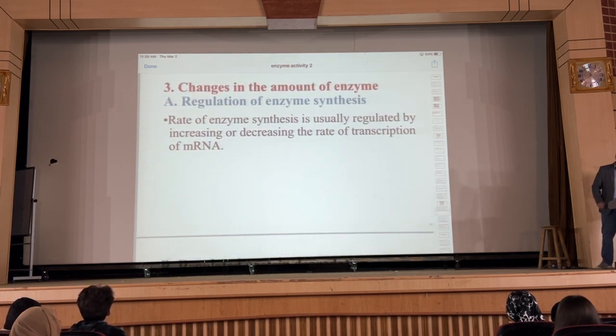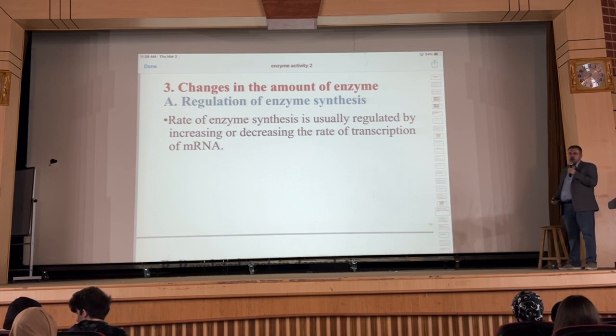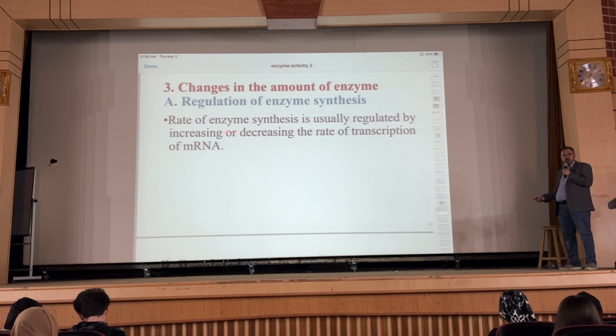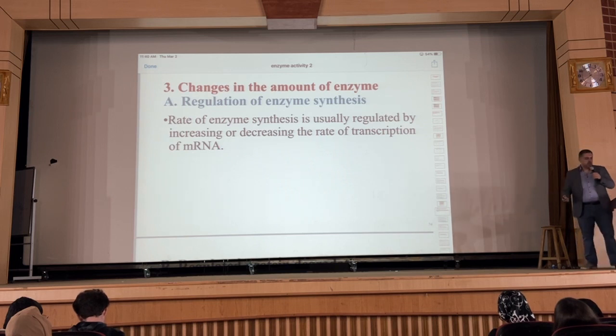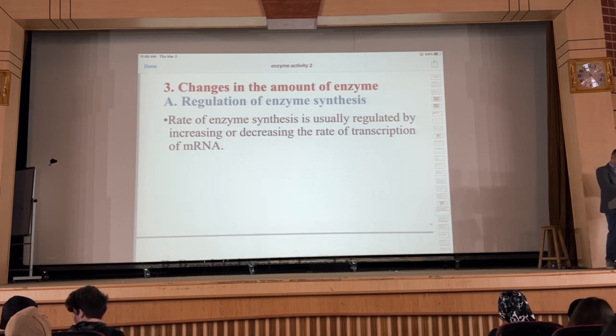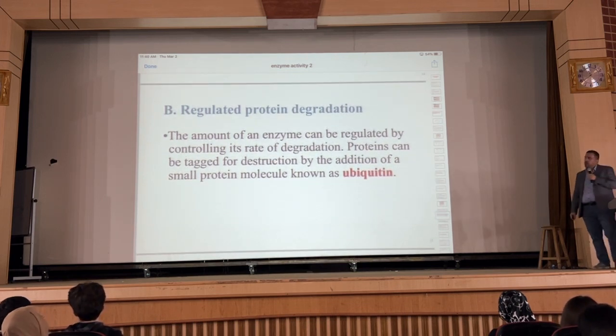How is the amount of the enzyme changed in our body? There are two main ways for changing the amount. Either regulation of enzyme synthesis, which depends on the product, which either increases or decreases the rate of transcription of the messenger RNA, then the ribosome, and this protein could be an enzyme.